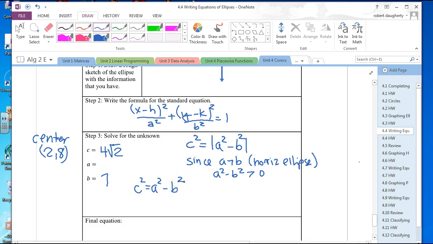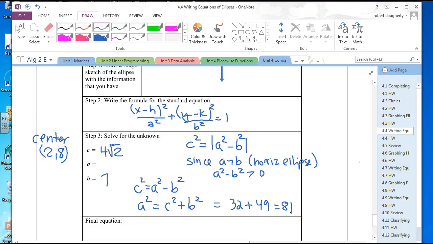What am I solving for? I'm solving for a squared. So a squared is c squared plus b squared. What is c squared? It's 16 times 2, which is 32. What is b squared? 49. When you add 32 and 49, you get 81.